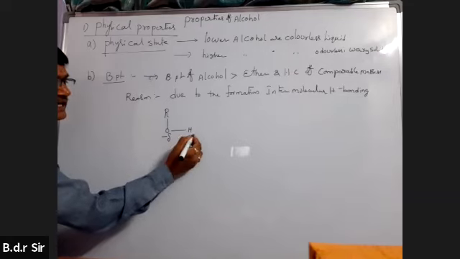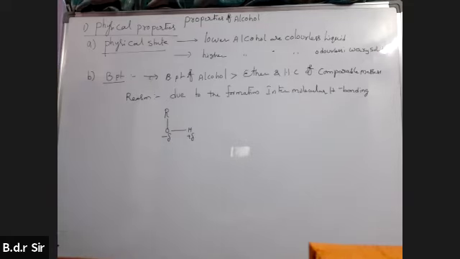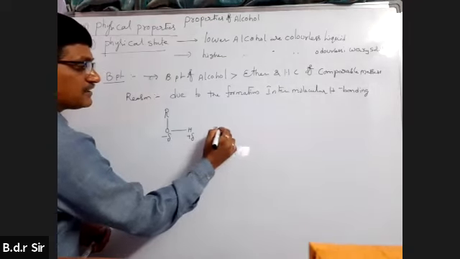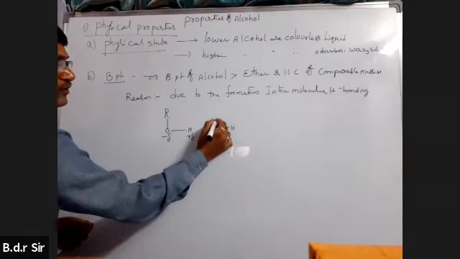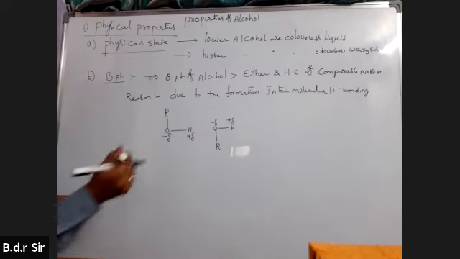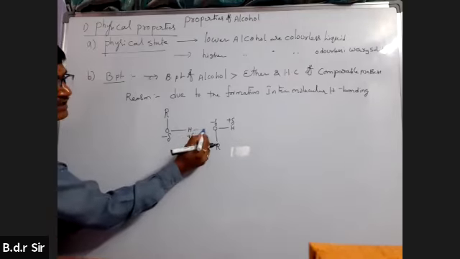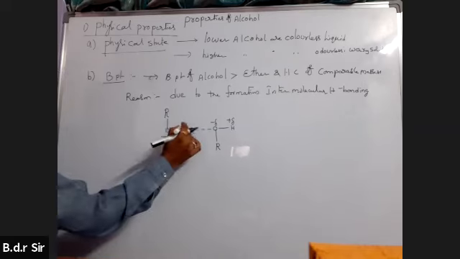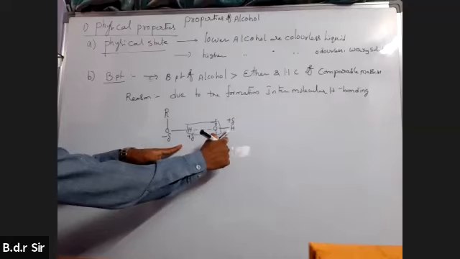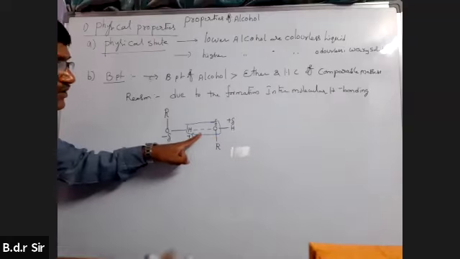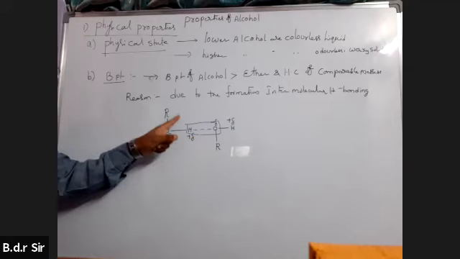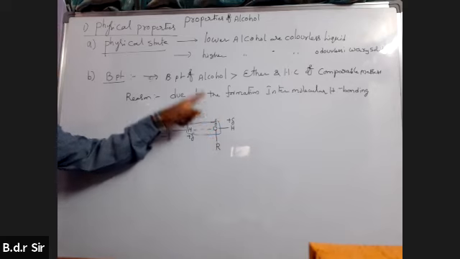Hydrogen automatically creates positive. Another alcohol, oxygen, hydrogen. Negative pole on oxygen, positive pole on hydrogen. Here, intermolecular hydrogen bond is formed between different polar alcohol molecules. Due to the formation of intermolecular hydrogen bonding between two alcohols, it has highest boiling point.